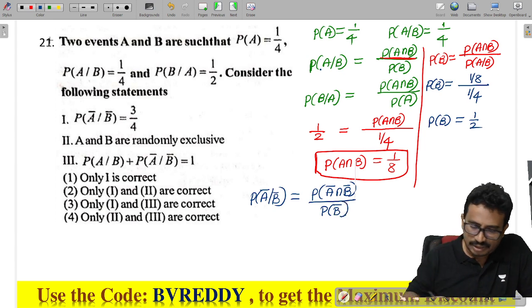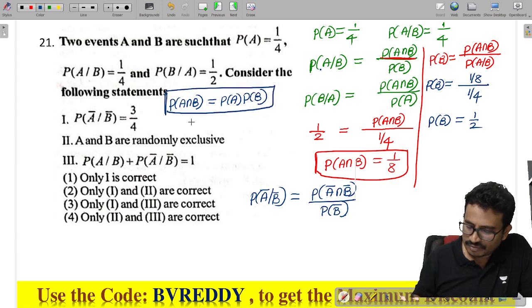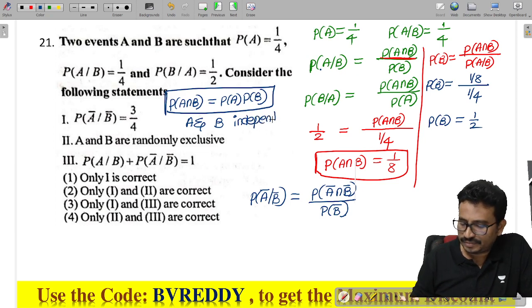And if you see carefully from this data what we got, P of A intersection B is equal to P of A into P of B, isn't it? If this condition is satisfied, what I can say now is that A and B are independent events.